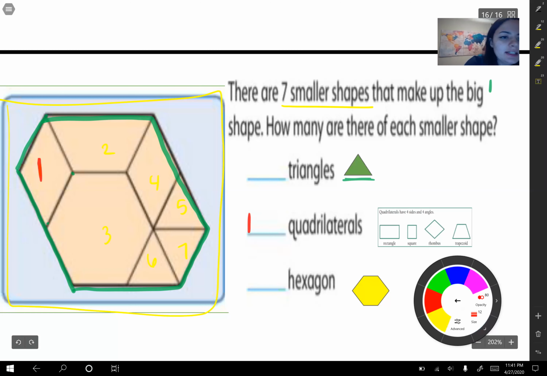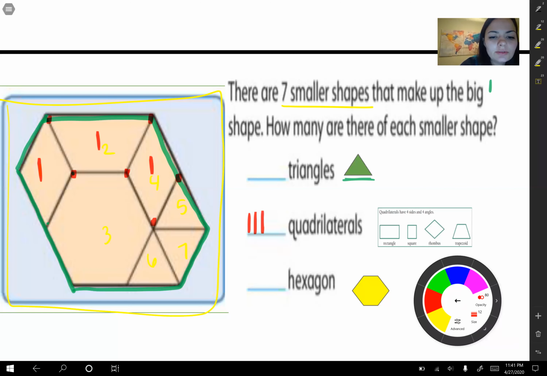And then this one has how many? 1, 2, 3, 4. So that's also a quadrilateral. And then we have 1, 2, 3, 4. Also, see how I'm marking them while I'm counting them, so I know what I've already counted and what I have not. Okay, and then I'm going to count here.